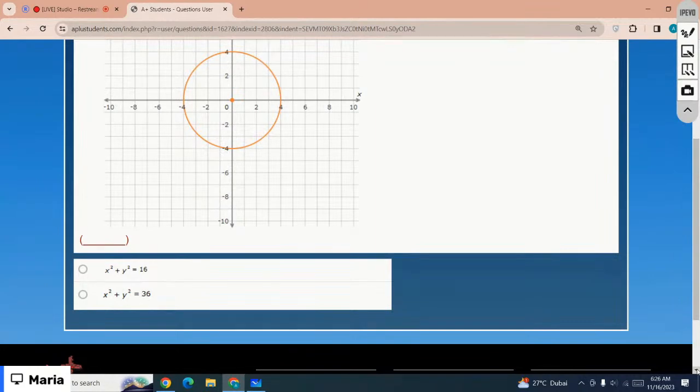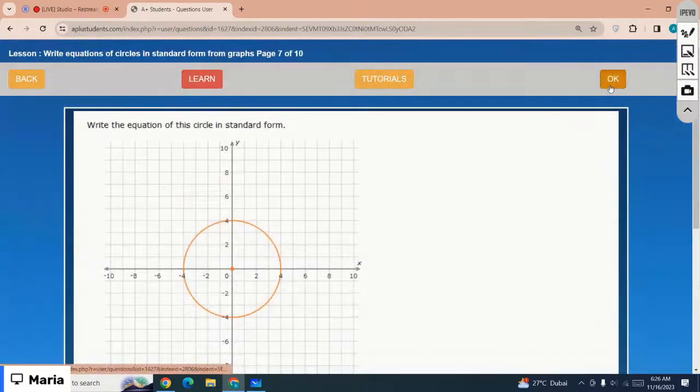The correct option is x square plus y square equals 16. Option number 1 is the correct option.